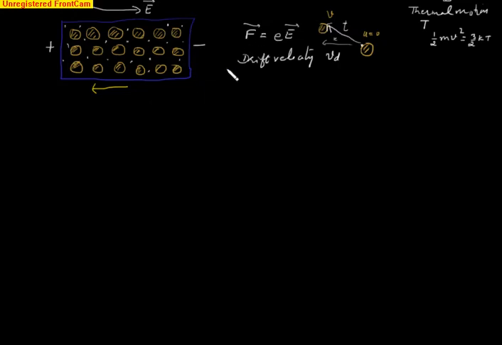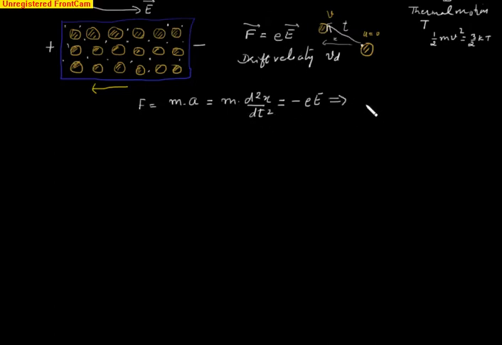We can write force as m into acceleration, that is m into the double derivative of displacement, and it is equal to minus e times E. This is because the force under which the electron will move is opposite to the electric field.